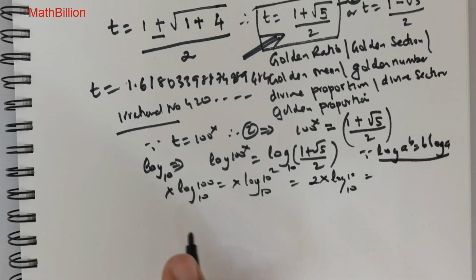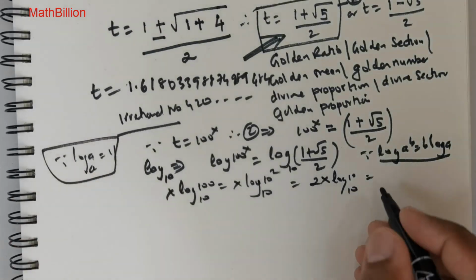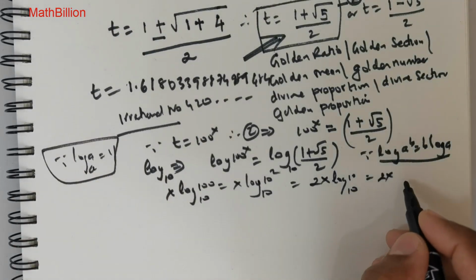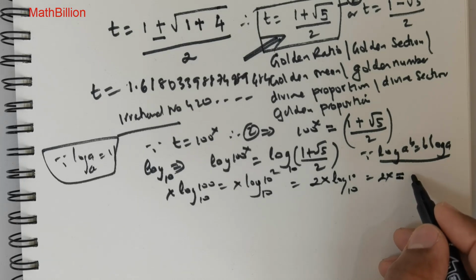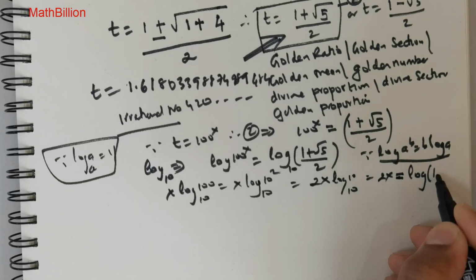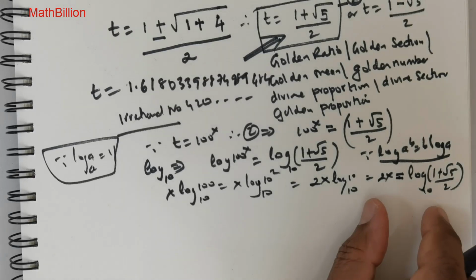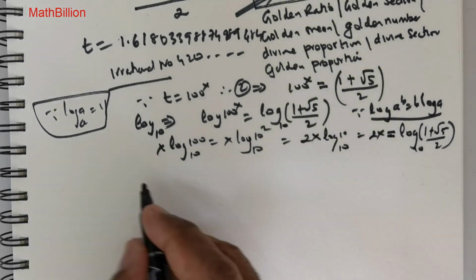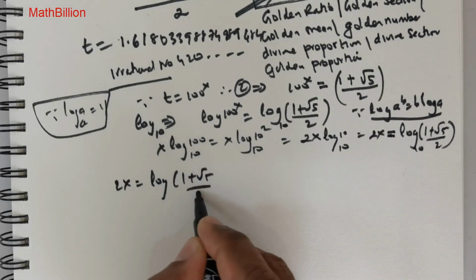But from logarithms we know that log a to the base a is equal to 1. So this is going to be 2x. And 2x is equal to log of (1 + root 5)/2, to the base 10. Right. Now 2x is equal to log of (1 + root 5)/2.